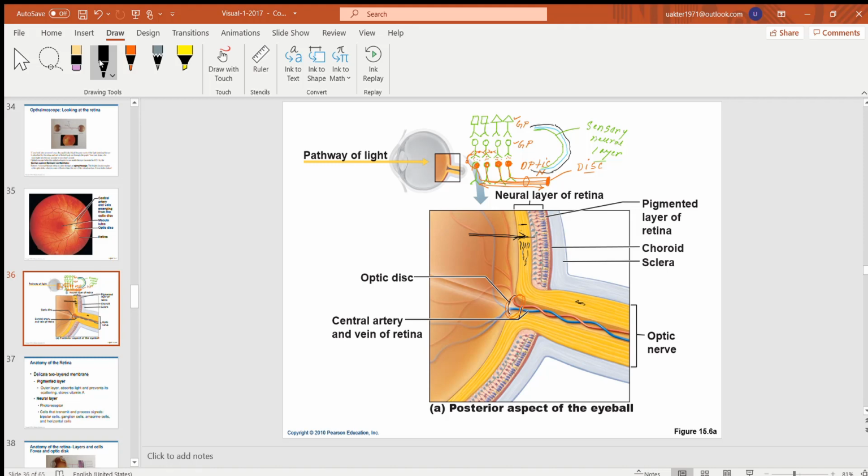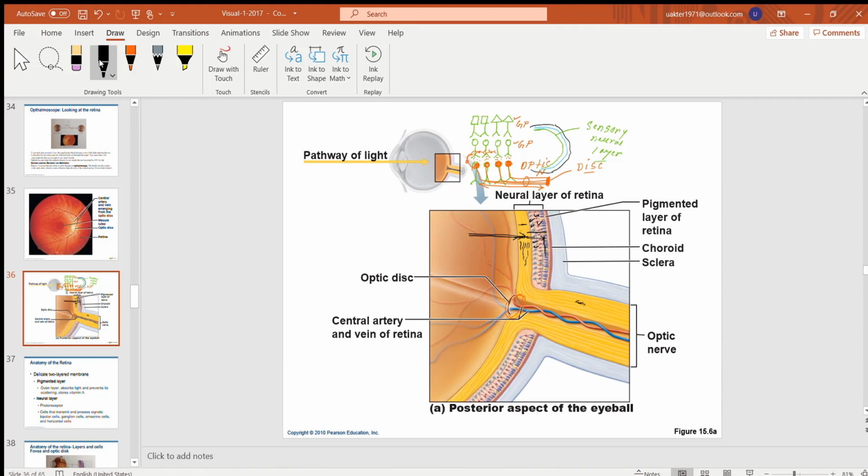And as you know, light first passes all the way through the retina and hits the photoreceptor cells, which are in the outer part of the retina, right? So then the signal comes this way. Bipolar cells, you see, these are the bipolar cells and these are the ganglion cells here, okay?